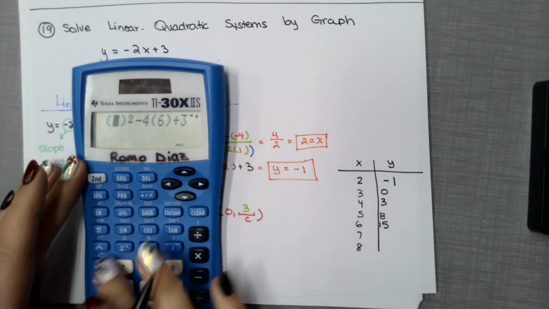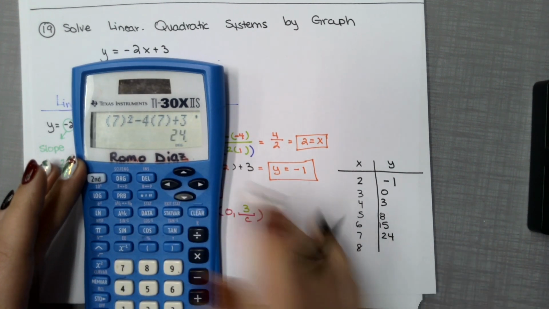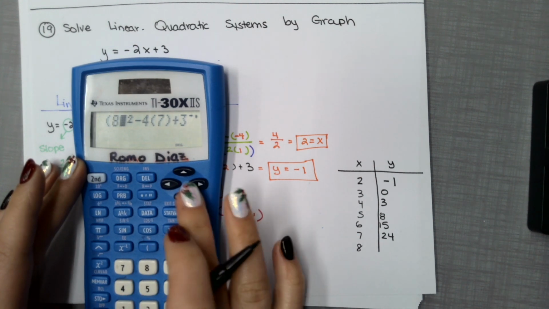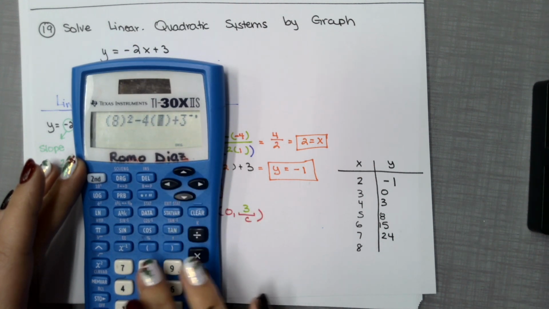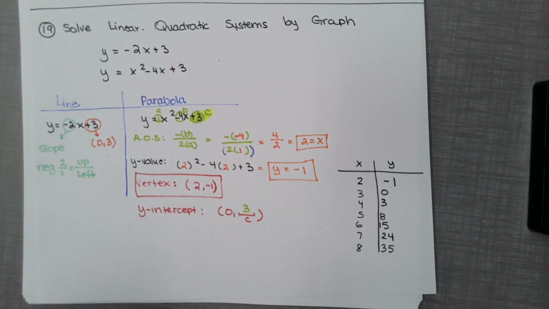Then we have 7. So 24 seems a little bit large. I don't think we're going to be graphing up to 24. You never know. 35 probably won't be something that we're going to be graphing.